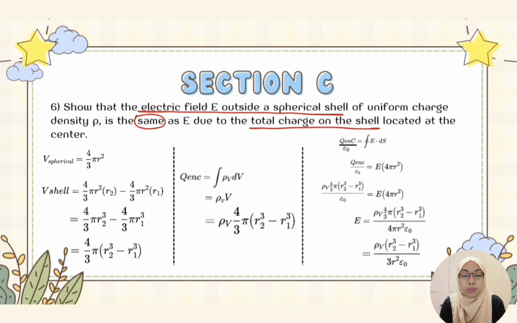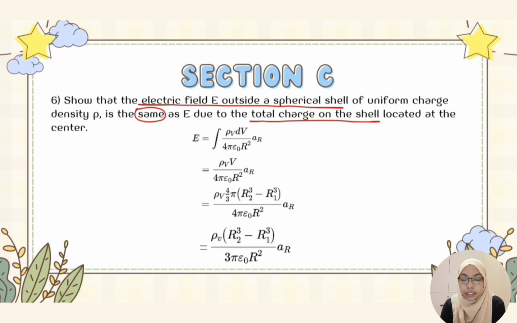We rearrange and we can get rho v 4 over 3 pi r2 cubed minus r1 cubed divided by 4 pi r squared epsilon naught. We simplify and we can get E equal to rho v r2 cubed minus r1 cubed divided by 3 r squared epsilon naught. And this is the electric field for the outside of the spherical shell.